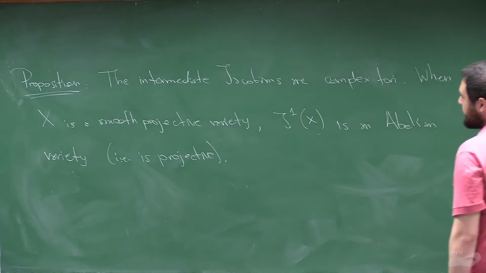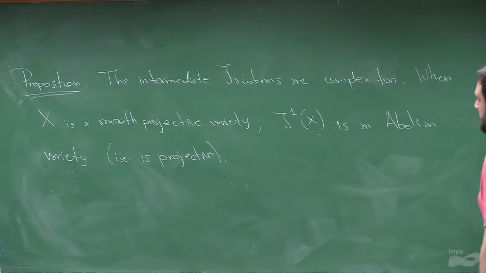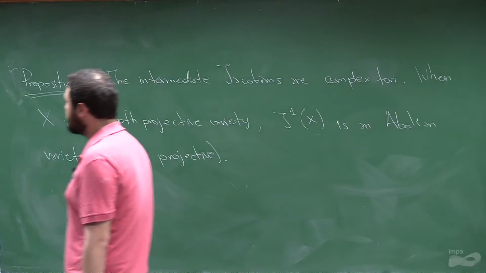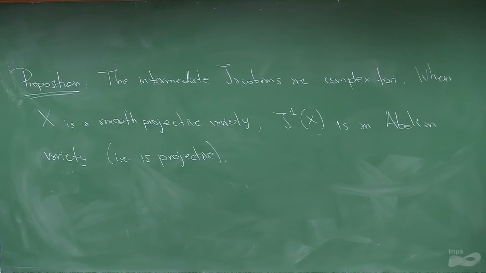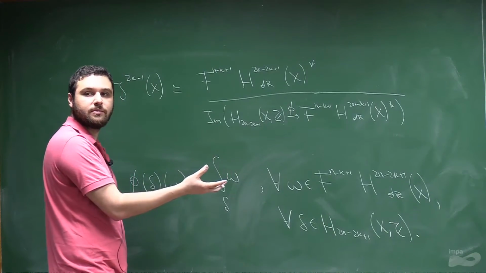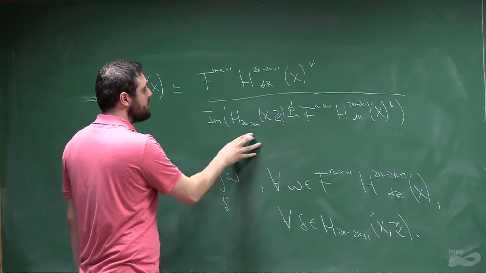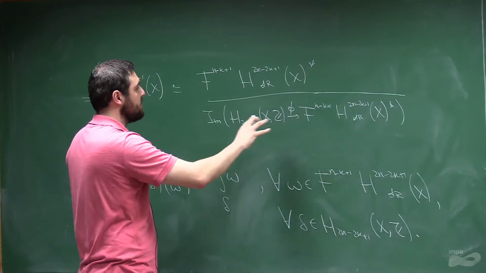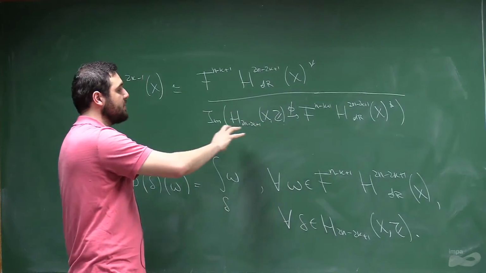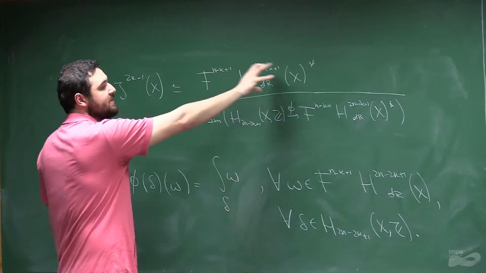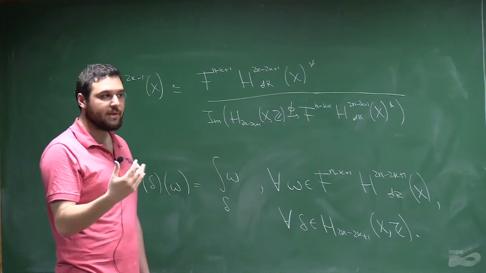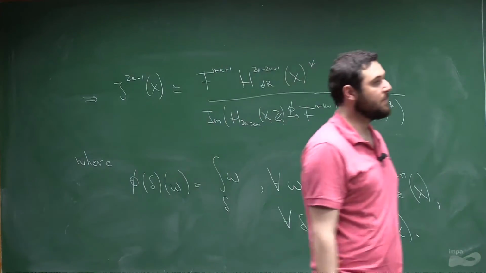So the first part, we have to check that this subspace is a lattice, right? We already know that it is a finitely generated Abelian group, right? So the only thing that we have to check is that the rank of this image is the dimension of this space as the real dimension, right?